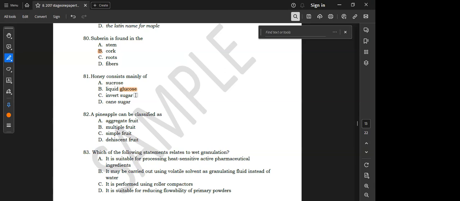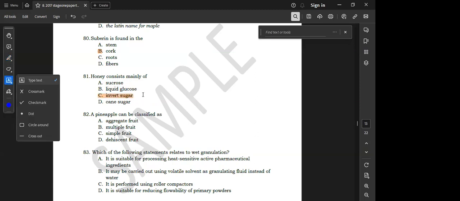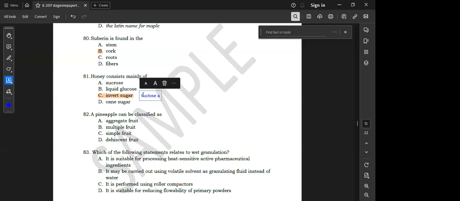What does invert sugar mean? He's asking what invert sugar means.